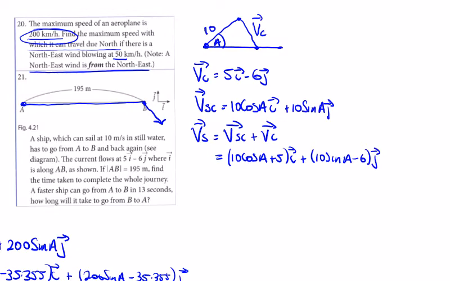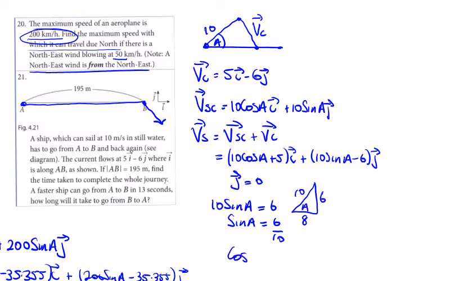And because the J component is equal to 0, we can say that 10 sine A is equal to 6. So the sine of A is 6 over 10, which would give me that 6, 8, 10 triangle. Just do a little sketch real quick. A, opposite, hypotenuse, adjacent. So the cos of A is equal to 8 over 10.